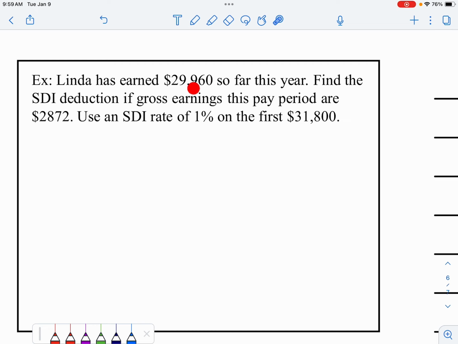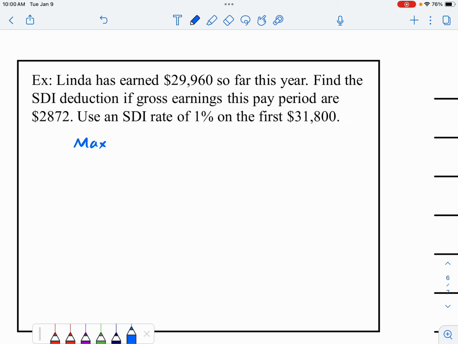You want to figure out how much is subject to SDI deduction, which means what's left, right? How much is left from $29,960 to $31,800. So I'm going to say keep track of that.